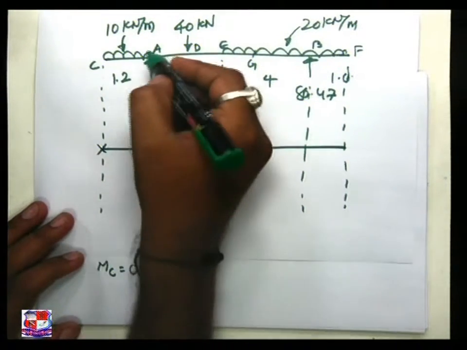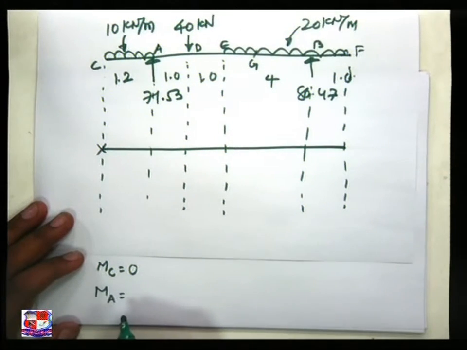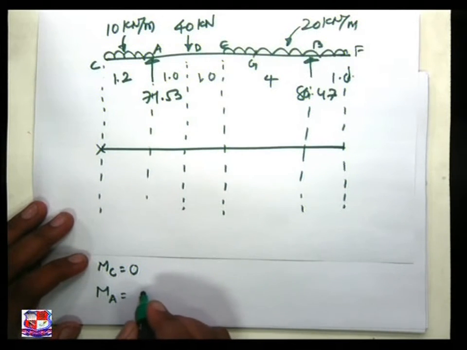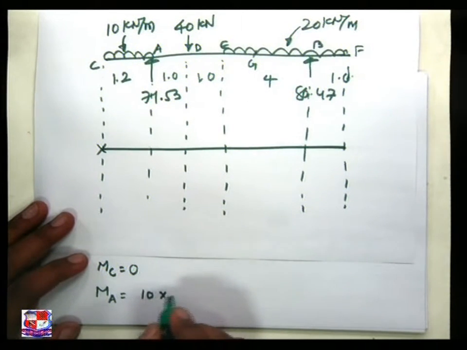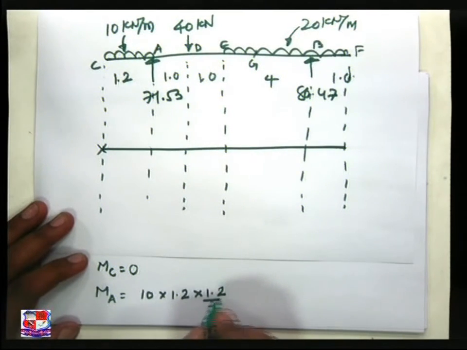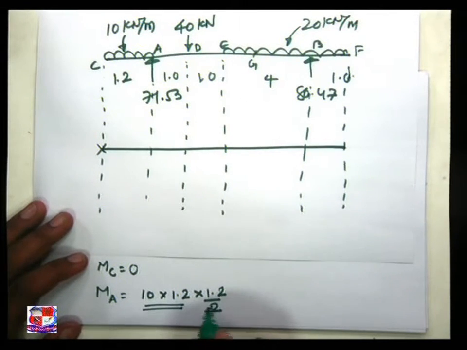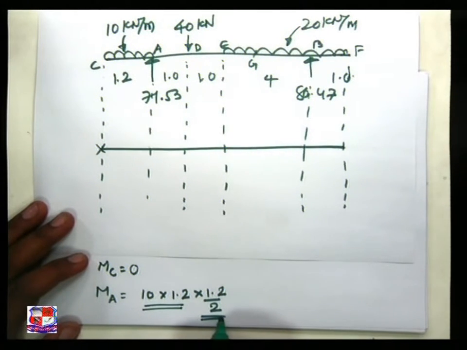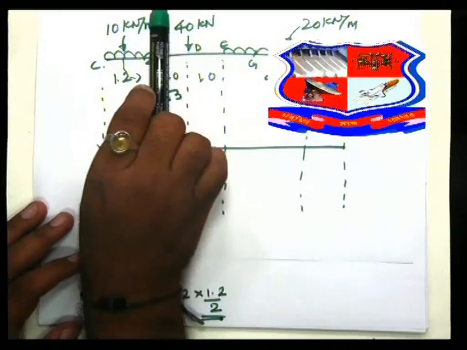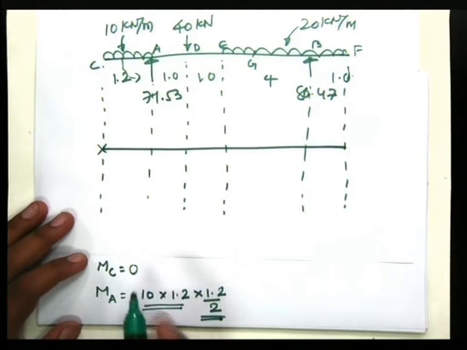Let us come to the point at A. MA is equal to unbalanced vertical forces. Load is 10 into 1.2 into 1.2 by 2. This is my load and this is the perpendicular distance, and this is acting on the section left anti-clockwise, and this is treated as negative.